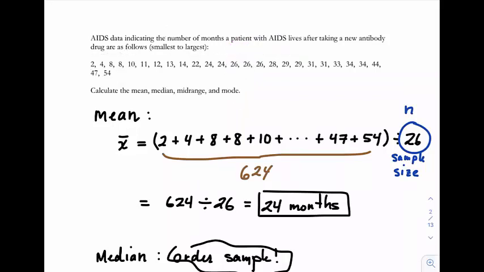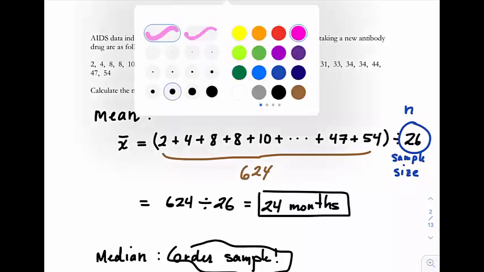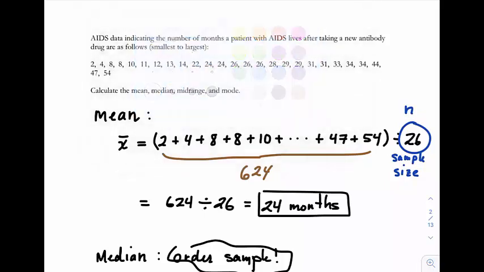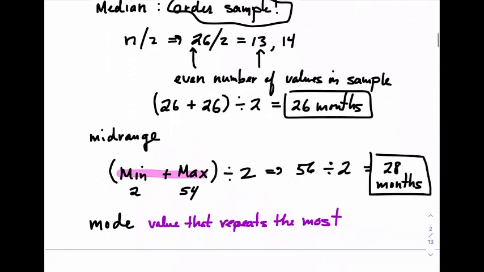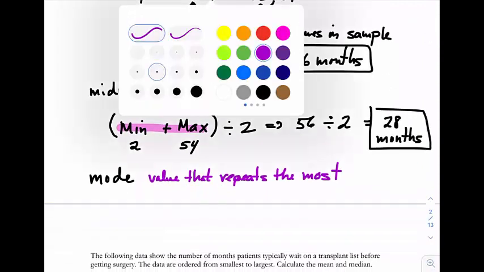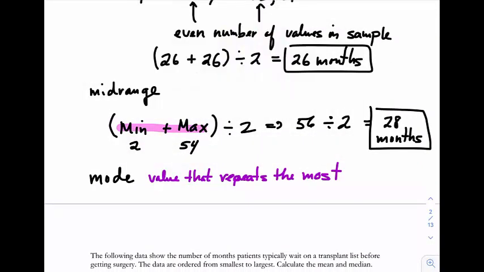If you look very carefully, you will notice that of all the repeats, nothing else repeats as many times as the number 26. Therefore, the answer is 26, and we'll simply say here it's 26 months.